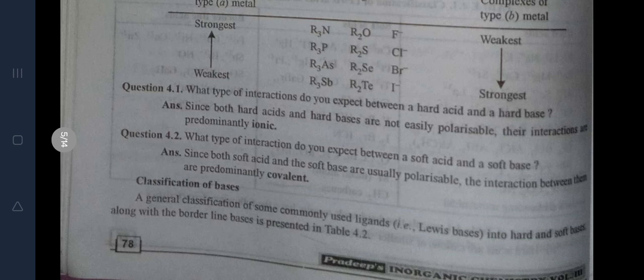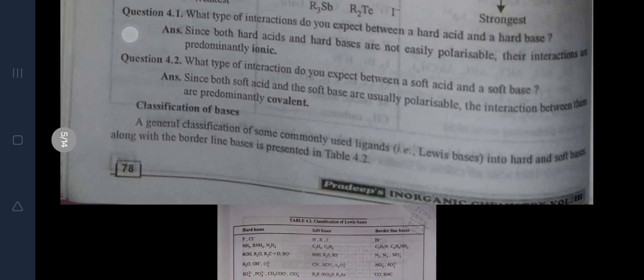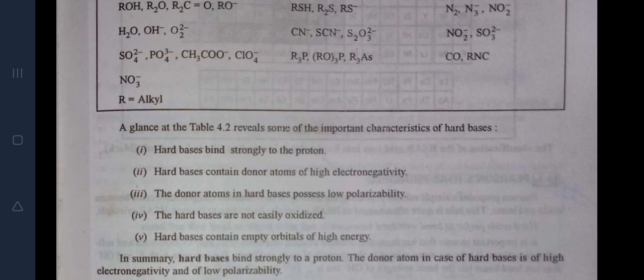Classification of bases. A general classification of some commonly used ligands into hard and soft bases along with the borderline ones is represented in the given table. Some of the important characteristics of the hard bases: hard bases bind strongly to the proton.